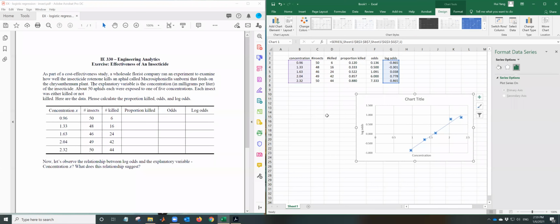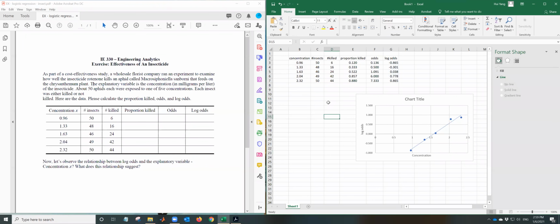So this experiment actually illustrates the concept of how to calculate the proportion, the probability of success, and the odds for a particular sample. This sample has 50 insects and 6 got killed, and the next one has a different concentration. So what we want to study is how concentration impacts the log odds of killing the insects.